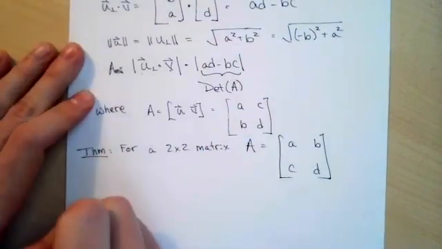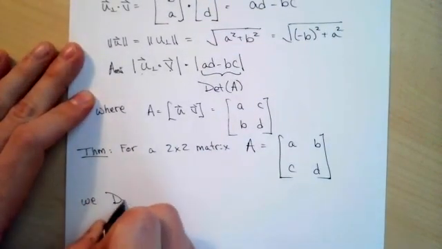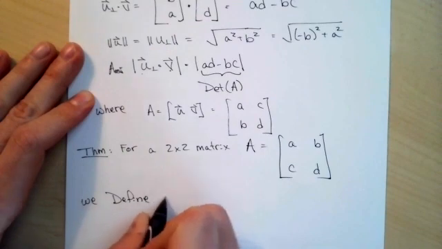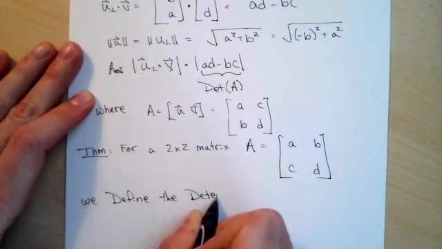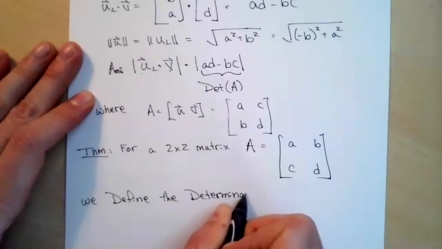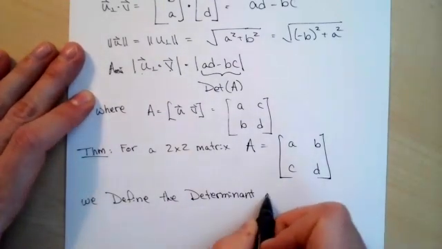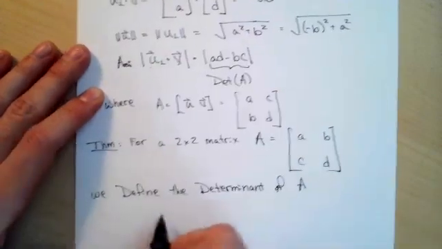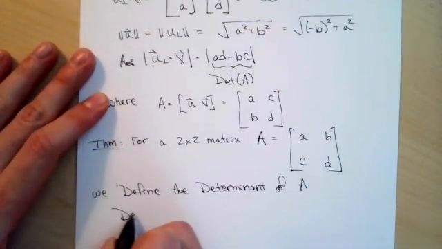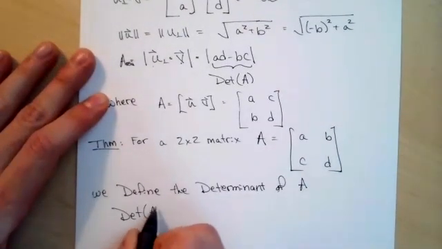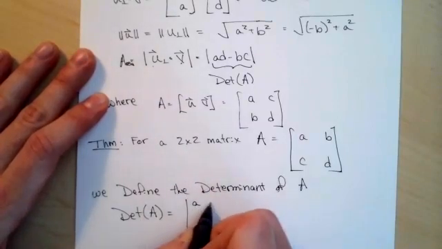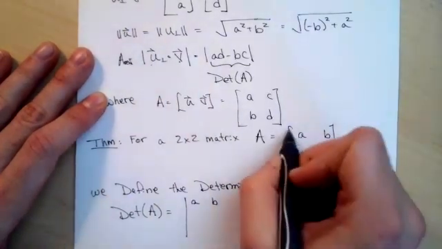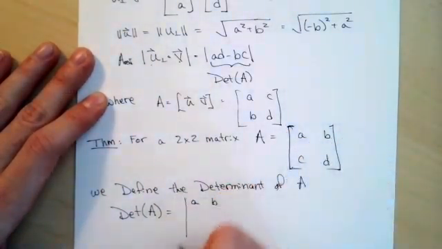We define the determinant of A by, sometimes we write out the word det of A. Sometimes you simply write the same matrix, but you put absolute values, or instead of a square bracket, it's just a straight line.